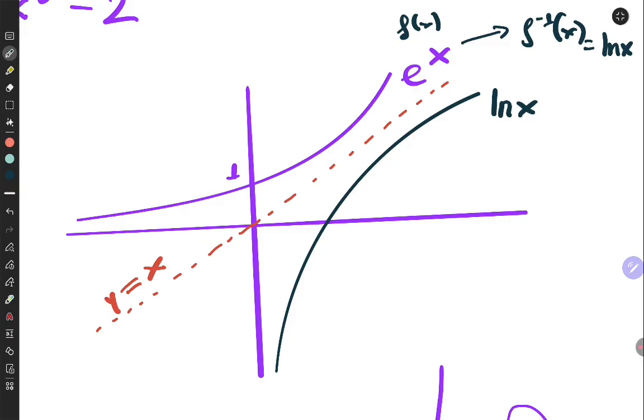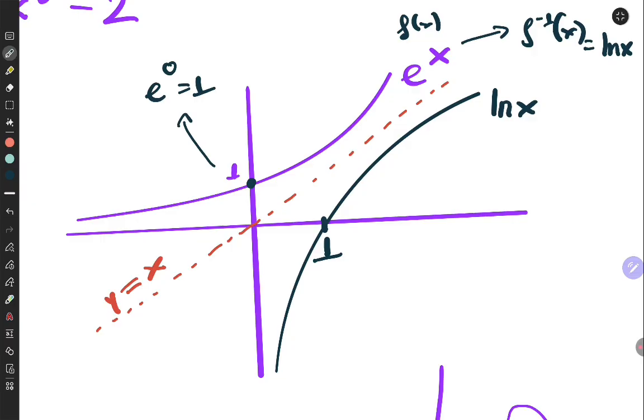How much? 1. What does it mean? The 1 over here means e to power 0 equals 1. Look, 0 right here, 1.